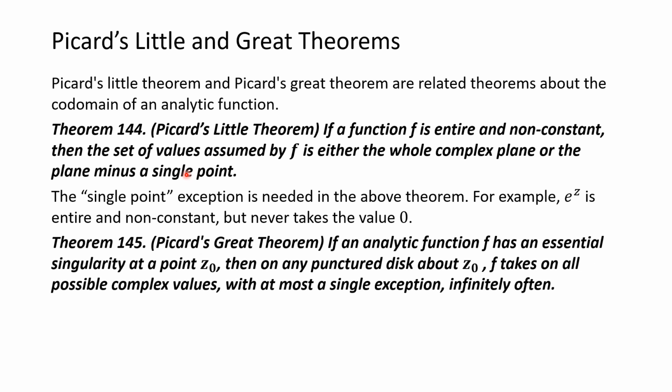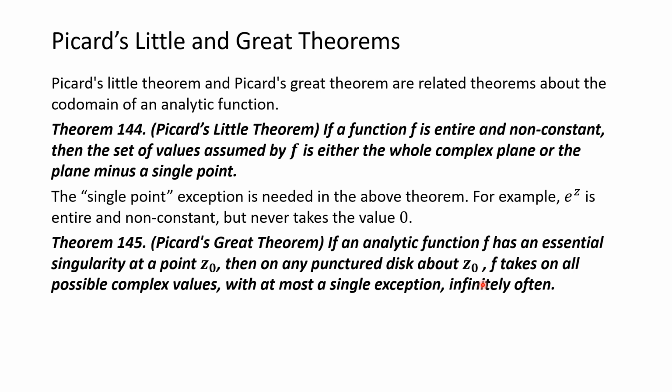Then there's Picard's great theorem. If an analytic function f has an essential singularity at a point z sub 0, then on any punctured disk about z sub 0, f takes on all possible complex values with at most a single exception, not just once, but infinitely often. So that's, again, a bit surprising.